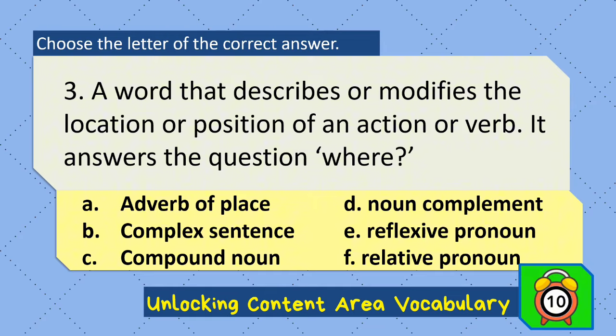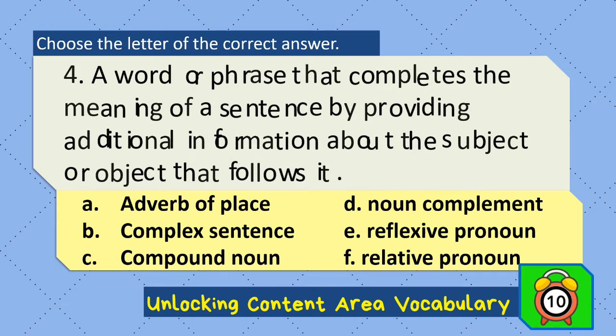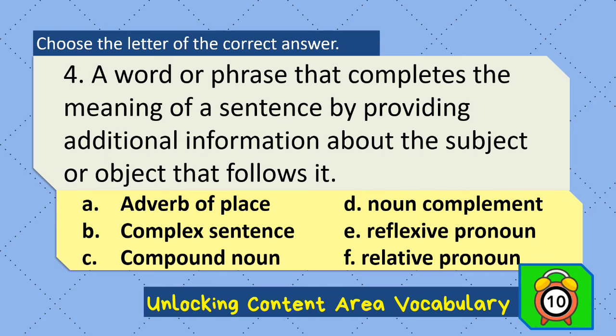Number 3. A word that describes or modifies the location or position of an action or verb. It answers the question where. Number 4. A word or phrase that completes the meaning of a sentence by providing additional information about the subject or object that follows it.